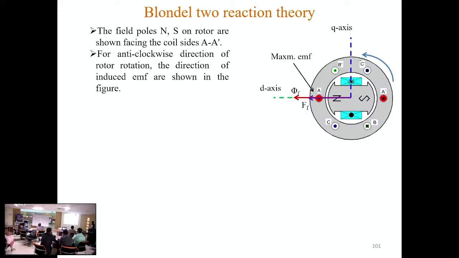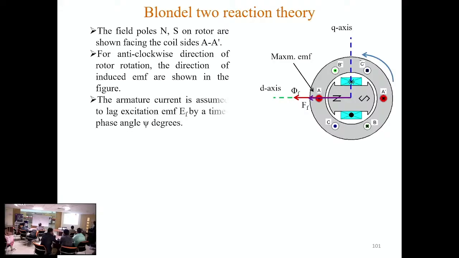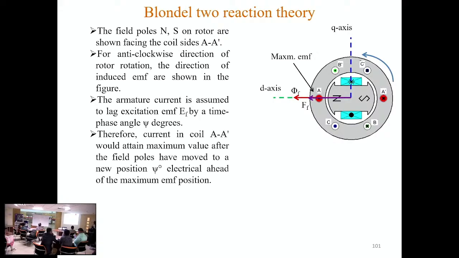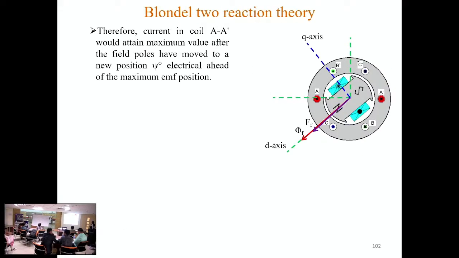Now for an anti-clockwise direction of rotation, the direction of induced EMF will be along the axis of the conductors A and A dash, which is in quadrature with phi f or FF. So we can draw that EF along that line.